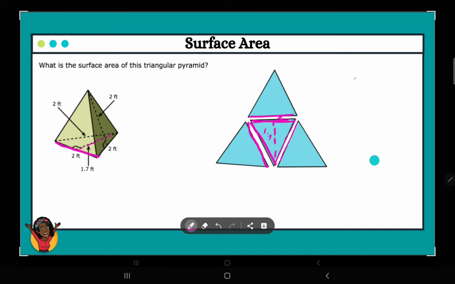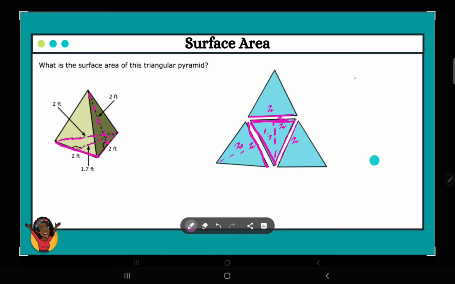As shown in our image here, the sides of our triangle are represented with the number 2. So this here would be a 2, this would be a 2, this would be 2, and so is that bottom portion. The height, however, for the sides of my pyramid is also represented with the number 2. So here, these triangles have a height of 2.